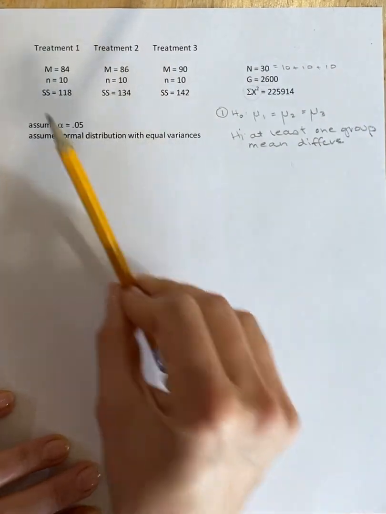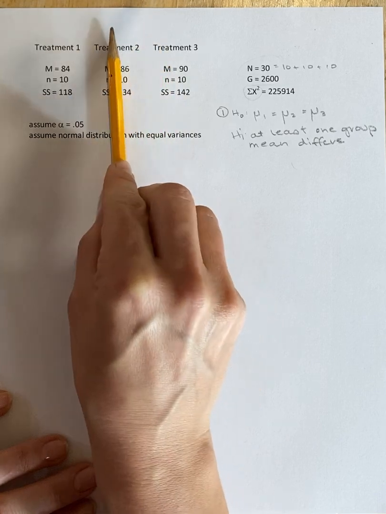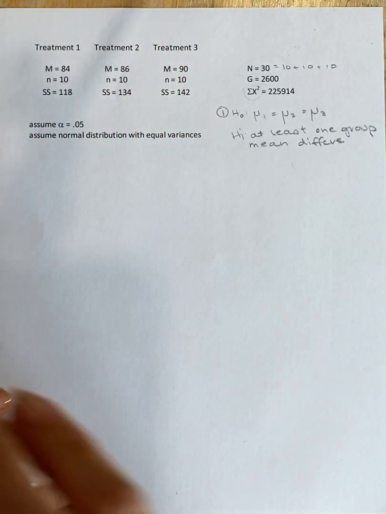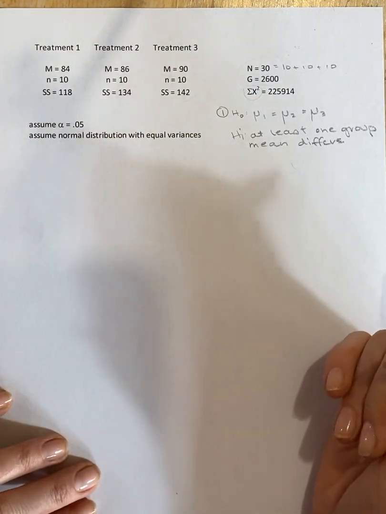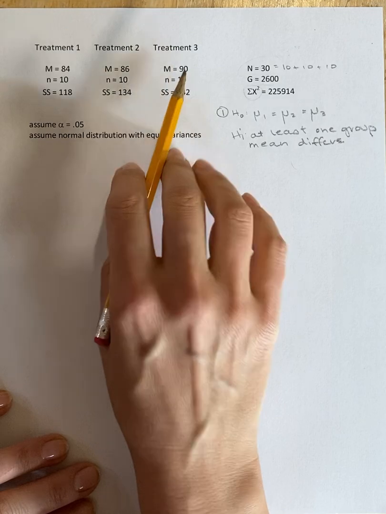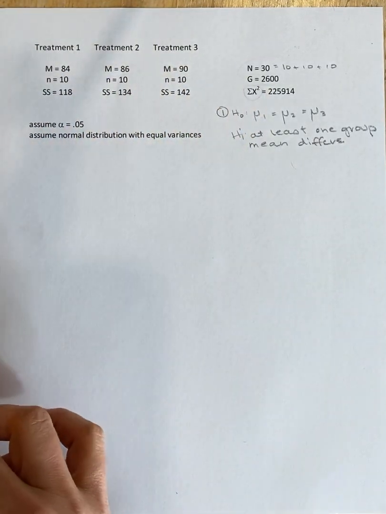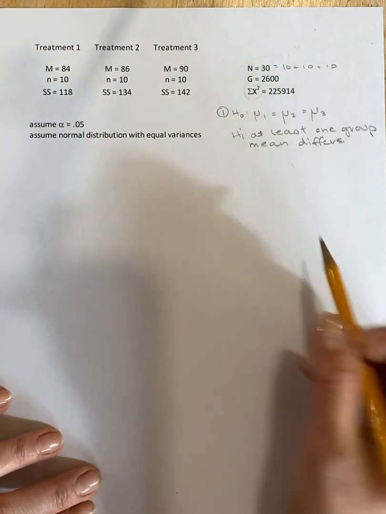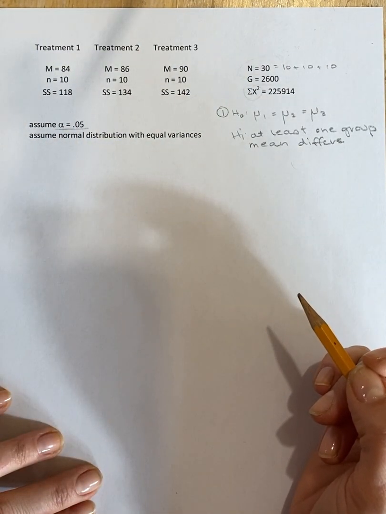What the ANOVA is doing is it's comparing group 1 to group 2, group 1 to group 3, and group 2 to group 3 all at once without increasing our overall alpha level. If we had conducted those comparisons as t-tests right out of the gate, then our alpha level would not stay at 0.05, which is where we want to keep it.